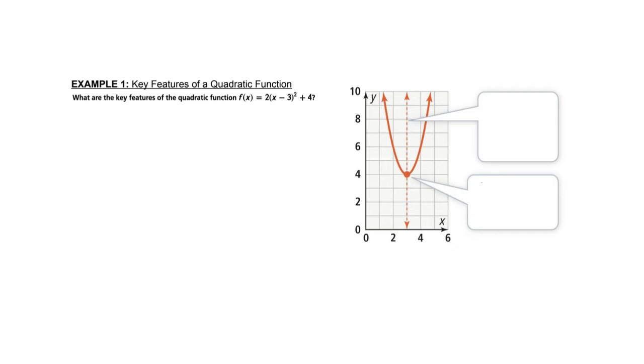Okay, so now we're going to do key features of a quadratic. We've done key features before. So what we'll do is start off by labeling our A and our H and our K. So our A is equal to 2, meaning we have a vertical stretch, with a factor of 2.